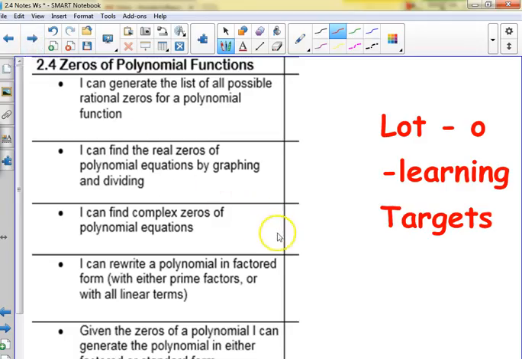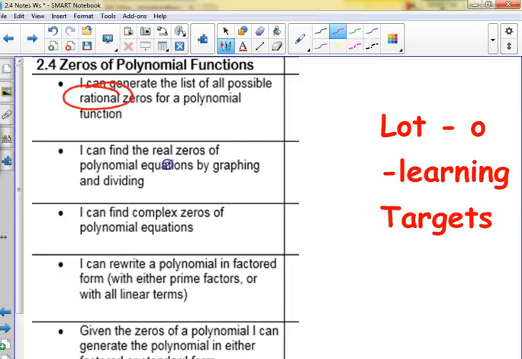Okay. These are the learning targets for 2.4. There's a lot of stuff. It says you can generate the list of all possible rational zeros. What does rational mean? Can be written as a fraction. So that would include whole numbers and fractions, decimals that end, decimals that repeat, all can be written as rational.